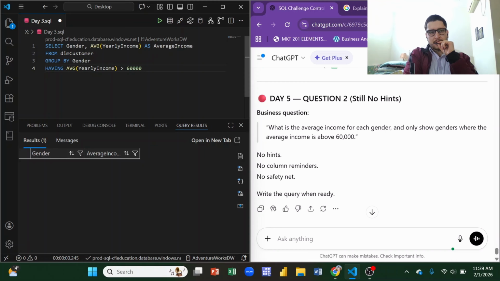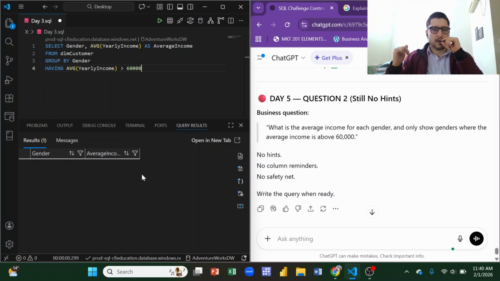Obviously I need gender, and then the average of the yearly income as average income, and then I grouped them by gender. After that I applied the condition that was asked, having average yearly income greater than 60,000. When I pressed Control Shift E, there was no answer here.